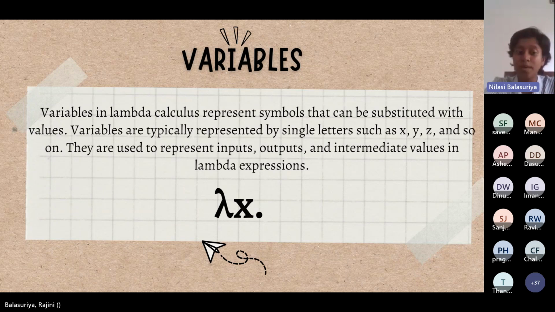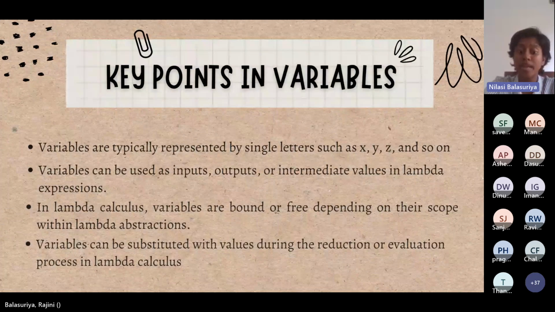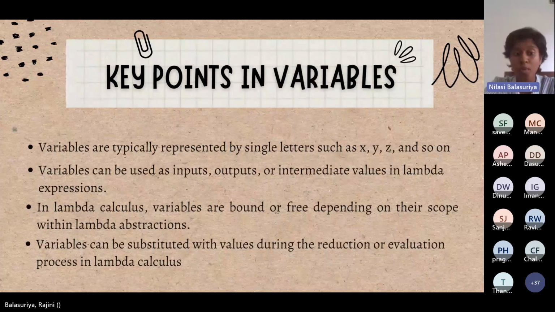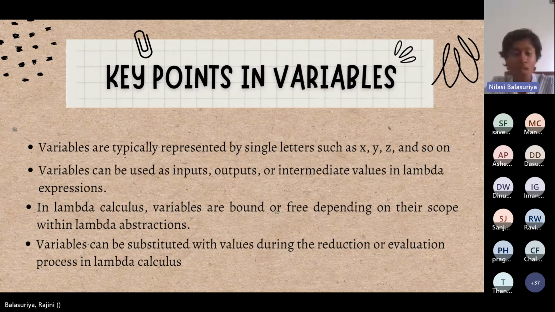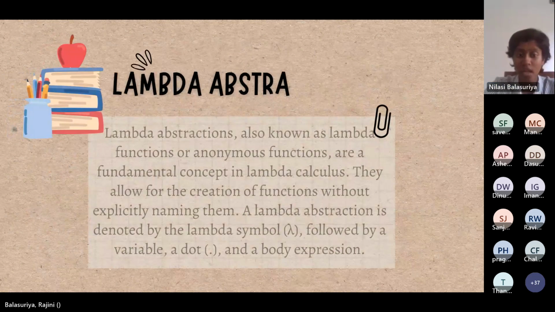This is also called a parameter or formal argument. These are typically represented by single letters. Their dependency is based on their scope within the lambda abstractions, and during reduction or evaluation, these can be substituted with other values. Moving on to lambda abstractions.